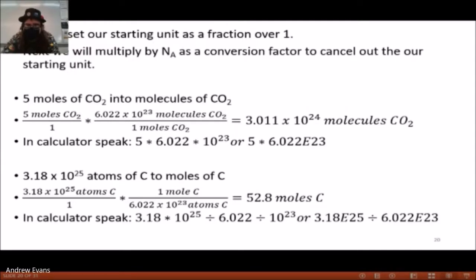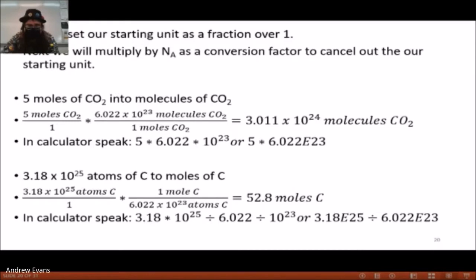Then I'm going to say, okay, if 1 mole equals 6.02 times 10 to the 23rd, because I have mole on top of this fraction, I'm going to need mole on the bottom of that fraction. And so 1 mole equals 6.022.